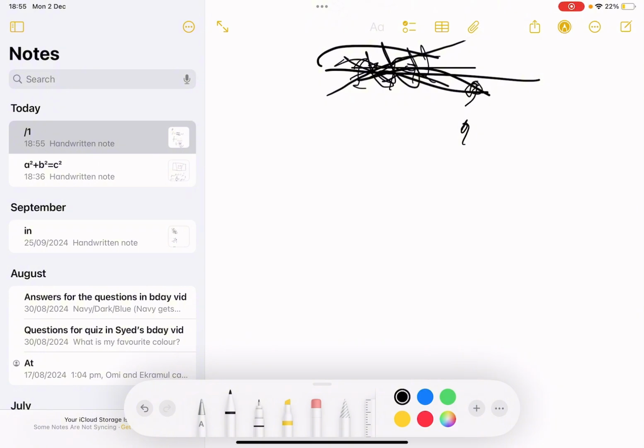Okay. 9 into 1, okay? Sorry, I just need to wait for it to load. What? Surely it should load in, right?